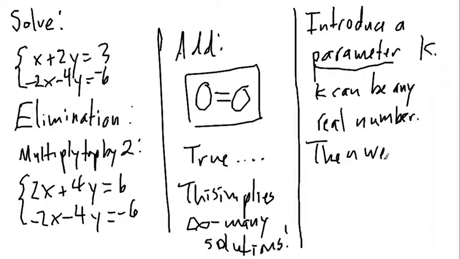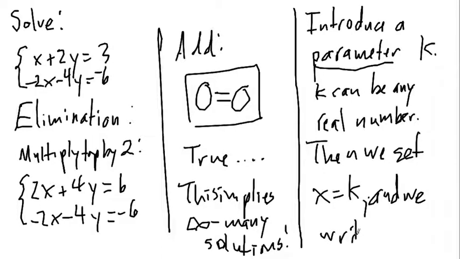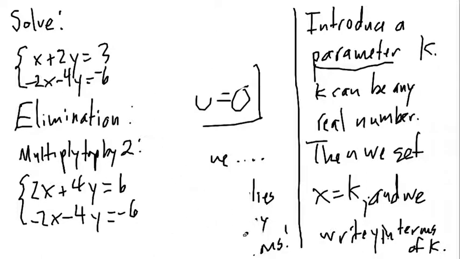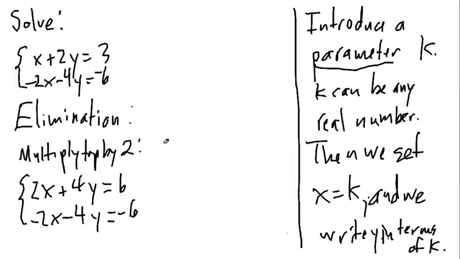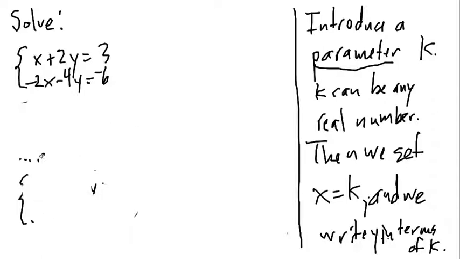Then we set x equal to k, which says that x can be any real number. And we write y in terms of k. Okay, so how do we accomplish that? Well, we use our original equations over here to do that. You can use either one of our original equations, it doesn't matter.